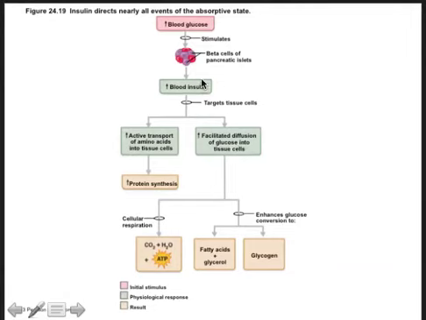This elevates blood insulin, targets tissue cells, increases active transport of amino acid into tissue, increases protein synthesis. It also increases facilitated diffusion of glucose into tissue cells for use as energy, to synthesize fatty acids and glycerol, or to store glycogen. Okay, this is an energy yielding step. These are energy consuming steps.